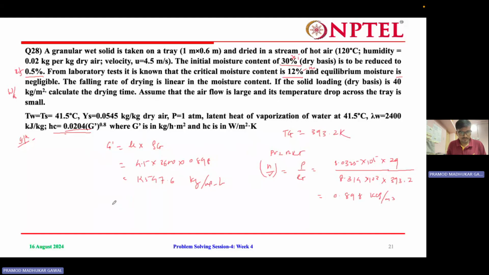So you will get the heat transfer coefficient hc as 43.63 watt per meter square per Kelvin.